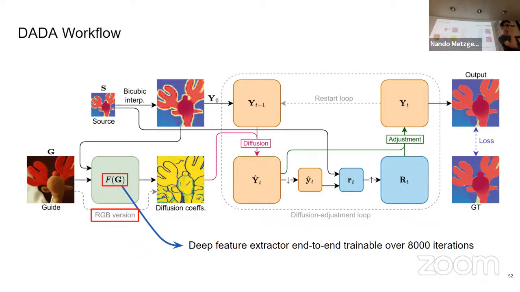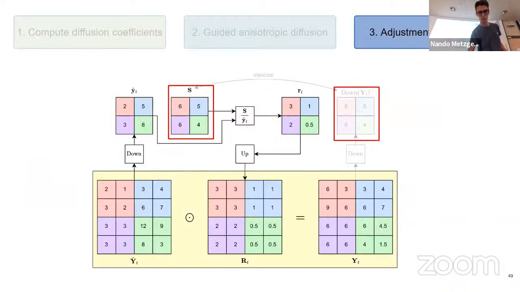Just a question, if I understood this adjustment step correctly. What you do is you basically compute the low resolution source from the diffused image, and then you get the difference to the actual source, and then you add back those differences. Yeah, it's more or less what you say.